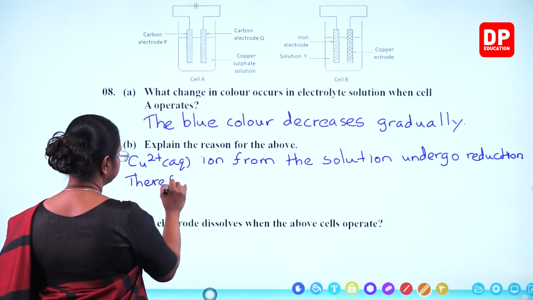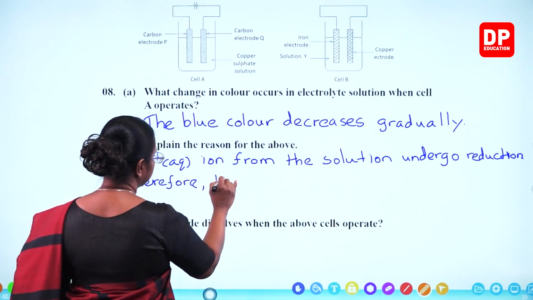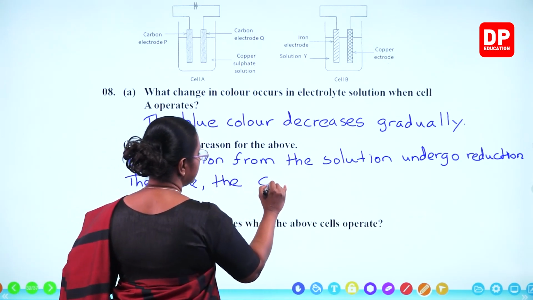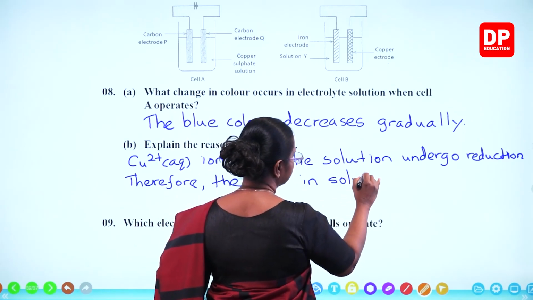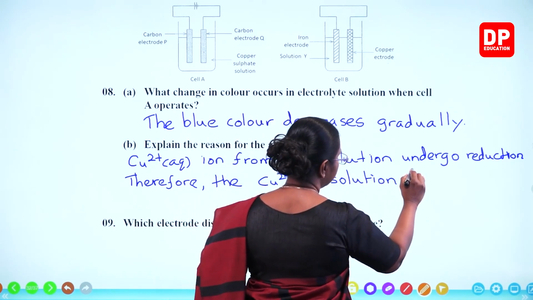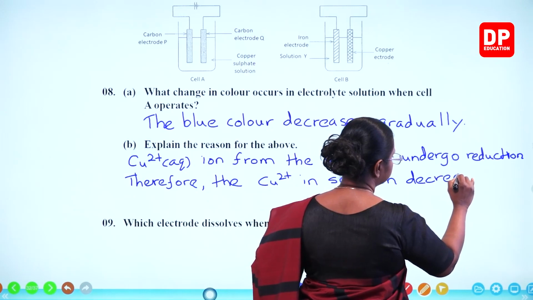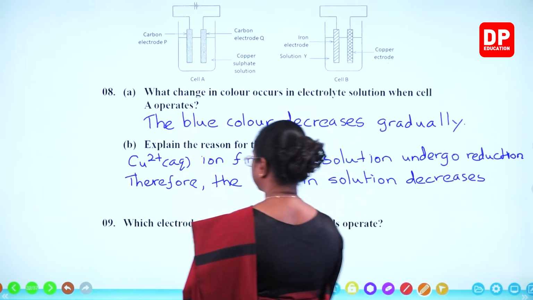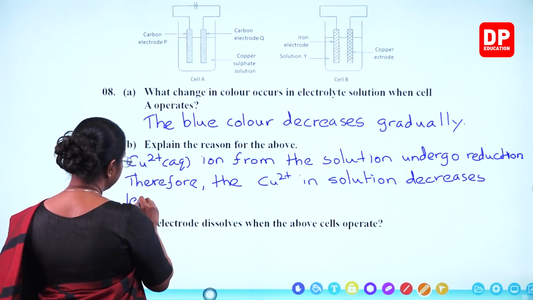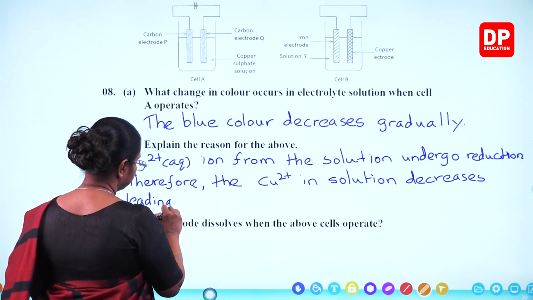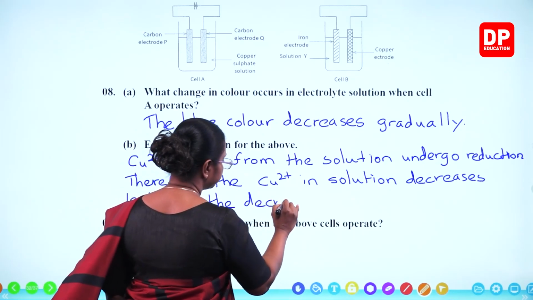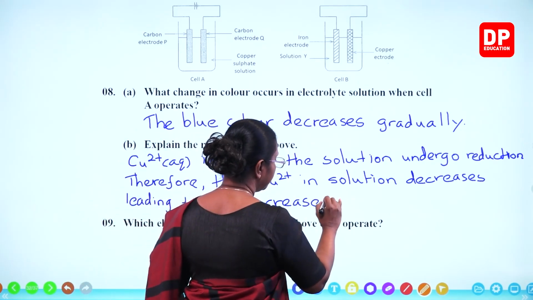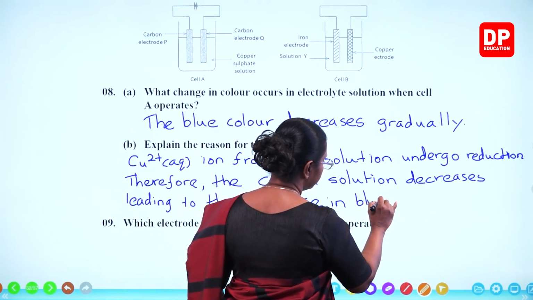Therefore, the Cu2+ in solution decreases, leading to the decrease in blue color.